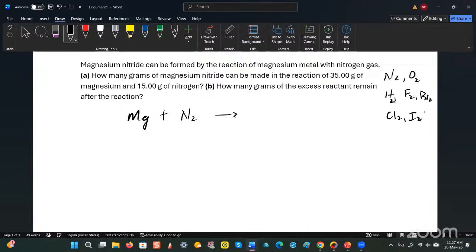Please remember that those elements exist in nature as diatomic molecules. So if you're given a question like this and they say magnesium reacts with nitrogen, N2 would be what you'd use in the formula, right?